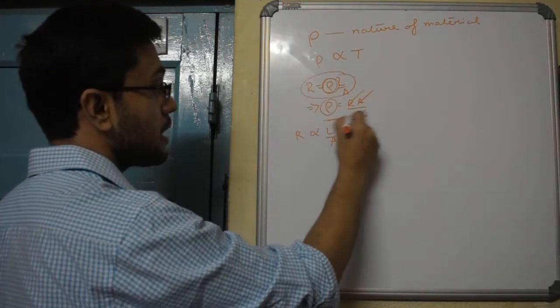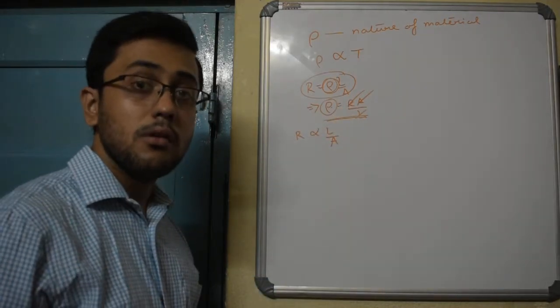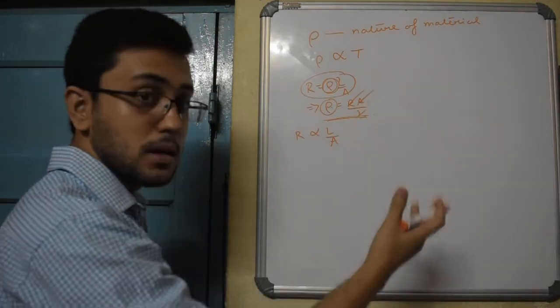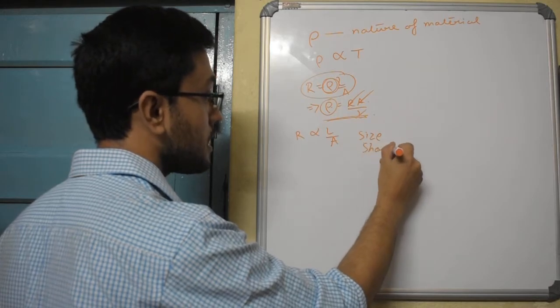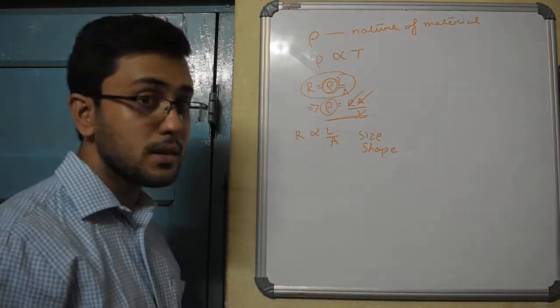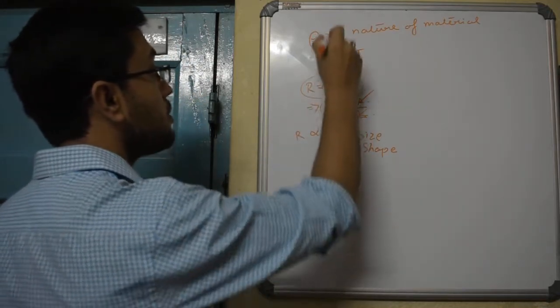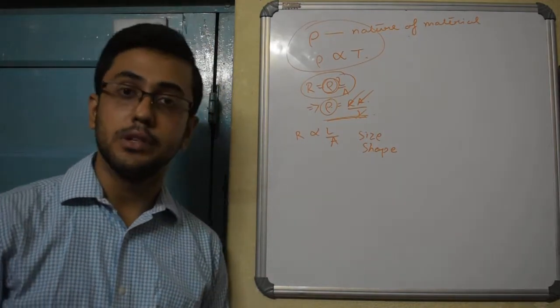Just because we make rho the subject does not mean rho depends on these factors. Resistivity is completely independent of area or length of the conductor, or its size and shape, or what the resistance is. Resistivity only depends on these two factors, the temperature and the nature of the material with which it has been made.